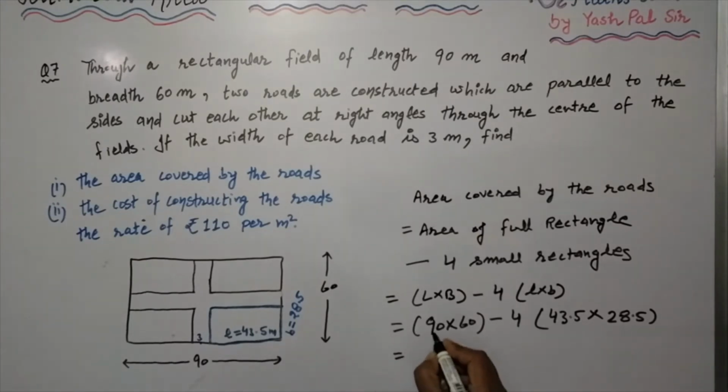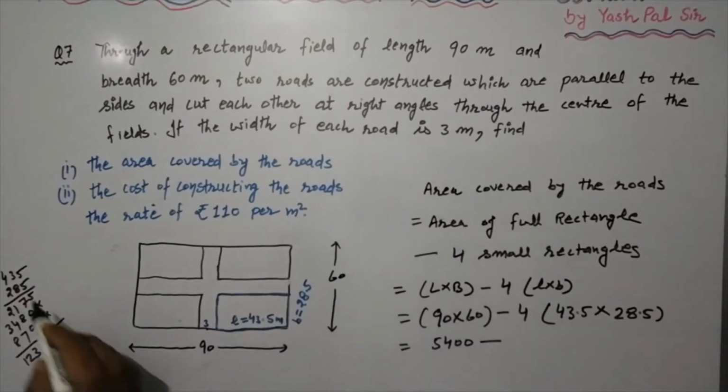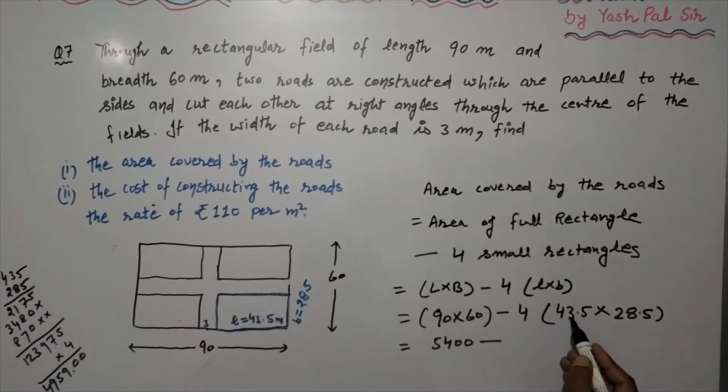So 90 into 60 is 5400, minus 4 times the product of 43.5 into 28.5. I have multiplied here 435 into 285. The answer is 123975.